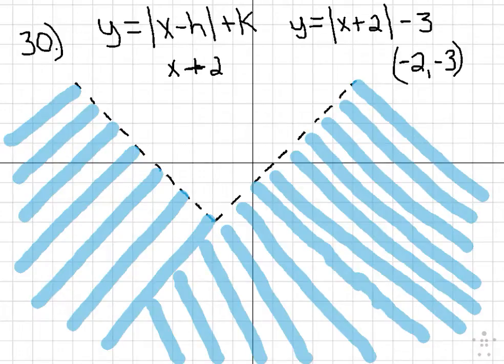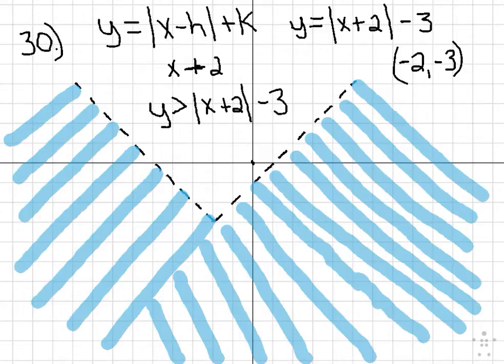Now, this is an inequality, so it's not going to be equals. It's going to be either less than or greater than. We know there's not going to be an equal sign at all because we have a dashed line. So we can choose the point (0, 0) and see if it works. Let's try (0, 0) with y is greater than the absolute value of x plus 2, minus 3.